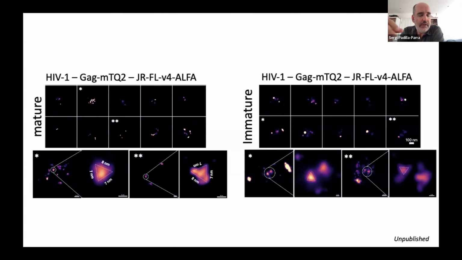In the PDB, if you open one of the structures solved by other groups like Peter Wong or Pamela Bjorkman, you will see that the envelope glycoprotein tends to be partially open, and the distance between V4 is much bigger than 12 nanometers. What we're measuring here, with a resolution of approximately 5 nanometers, are distances of 7-8 nanometers, showing for the first time that this is the natural native state of the envelope glycoprotein.